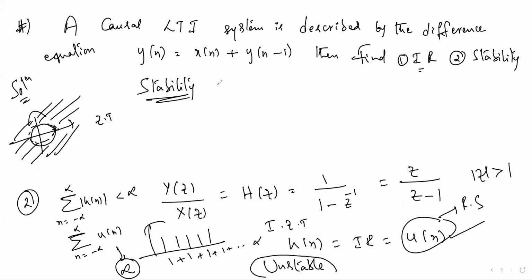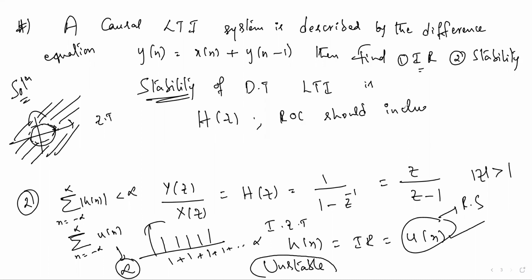Stability of a discrete time LTI system: for the system function H of z, the ROC should include the unit circle. If the ROC includes the unit circle, then we say the given system is stable.